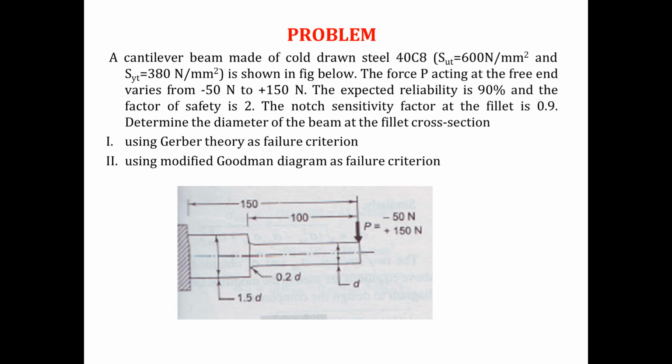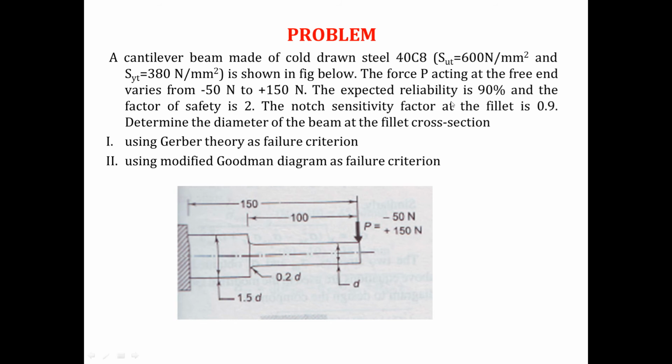The force P acting at the free end varies from minus 50 Newton to plus 150 Newton. In the diagram, it is very clear that the force is fluctuating in nature. Definitely, if this force is fluctuating, it will have some mean component as well as some alternating component that we need to find out.